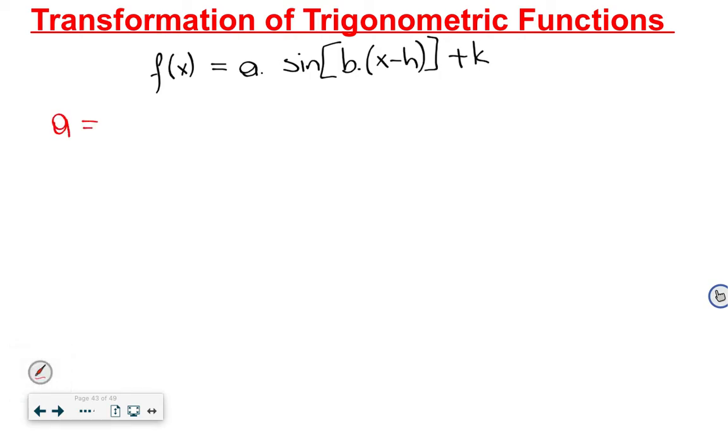Whenever you have a trigonometric function in this form, you can understand that a stands for vertical stretch or compression.